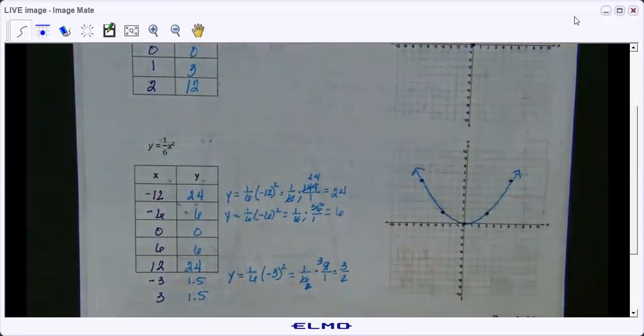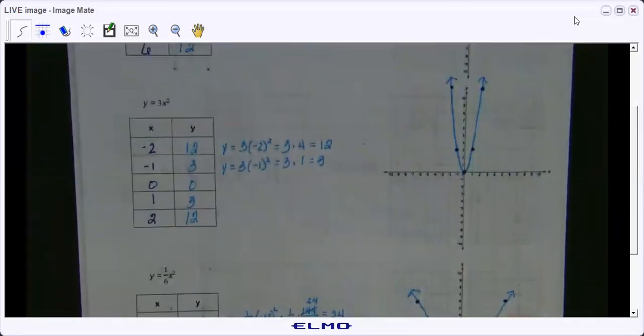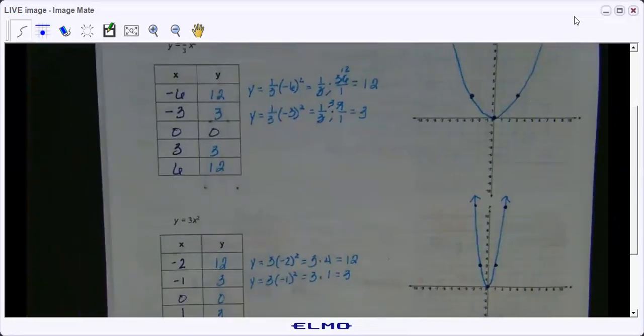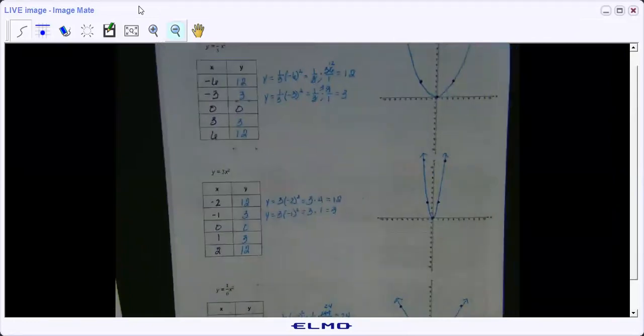Now you don't necessarily have to do this, but there was a point in me showing you these three graphs. And that is that I want to be able to look at my equations and identify whether my graph is going to be narrow or wide. And we do this a lot with transformations.